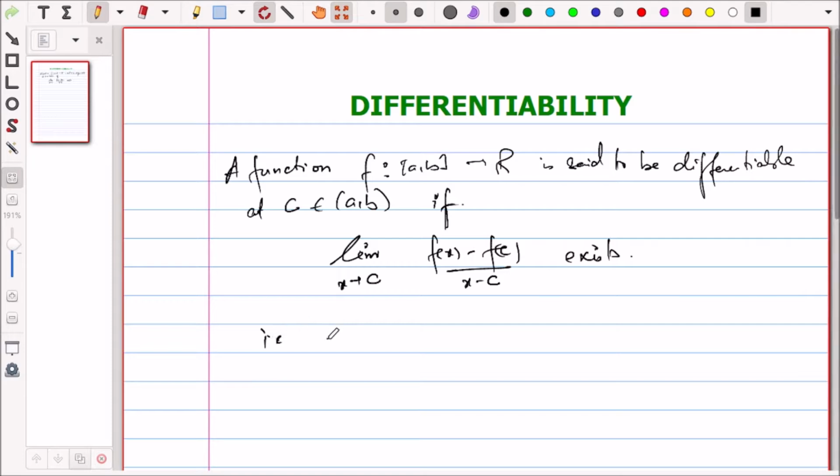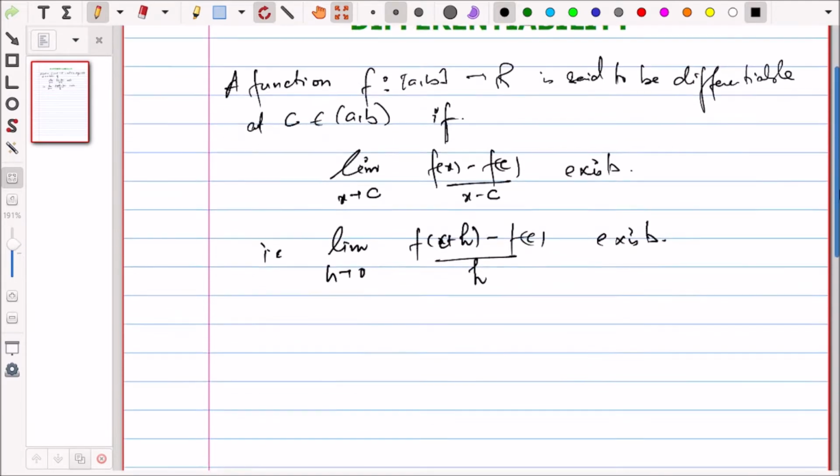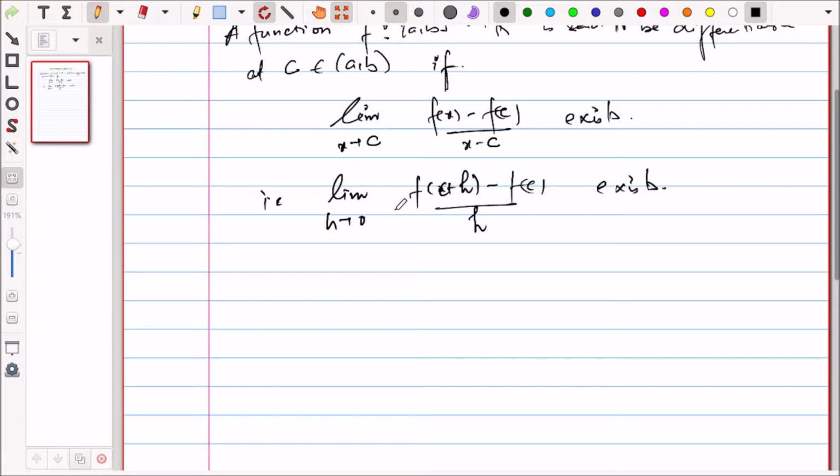That is, limit h tends to 0 of (f(c plus h) minus f(c)) upon h exists. This limit is equal to the earlier limit. So if this limit exists, then we say that the function is differentiable. And when does a limit exist? We have just studied it.